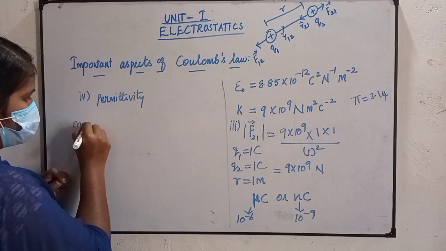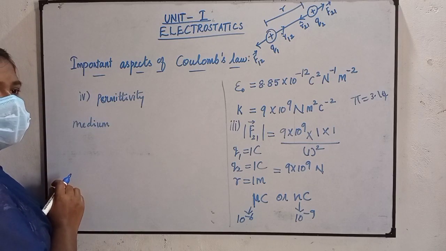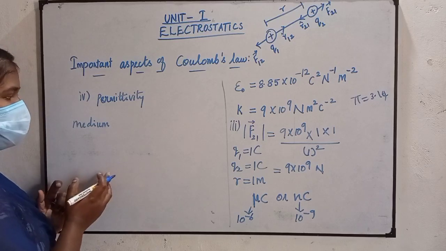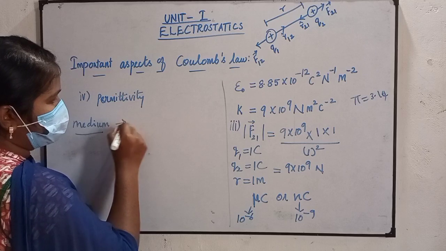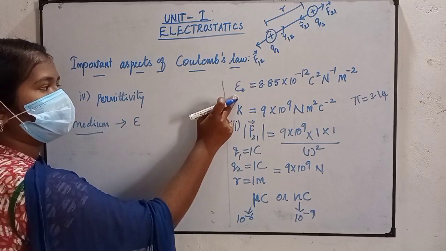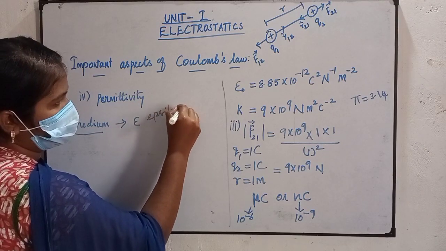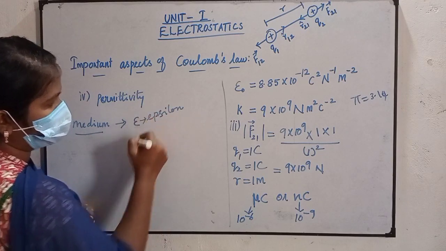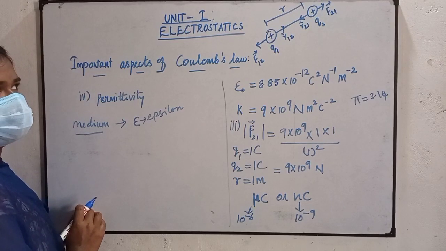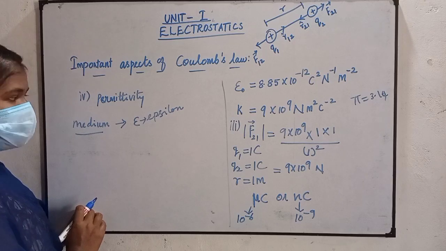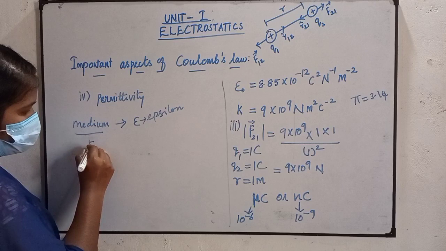If we consider a medium, such as air medium, water medium or glass medium, we use the symbol epsilon. If two charges are placed in a medium, we have to use this epsilon, so the force equation changes.